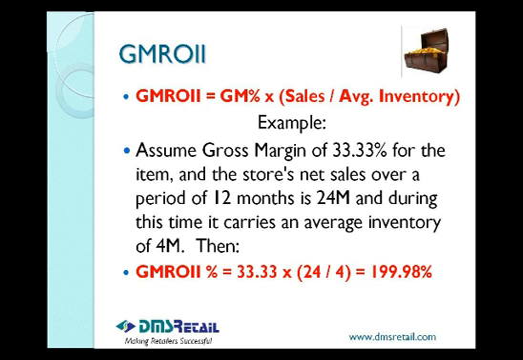So obviously from that explanation, utilizing this version of GMROI calculation, because there are different versions, this is the correct one, by the way. There are lots of different versions of GMROI calculation, and some people like to make retail math really complicated. There's no complication. It's straightforward algebraic operations.